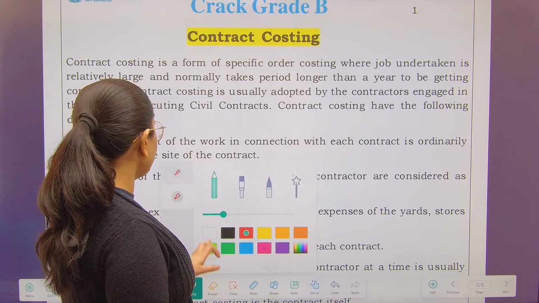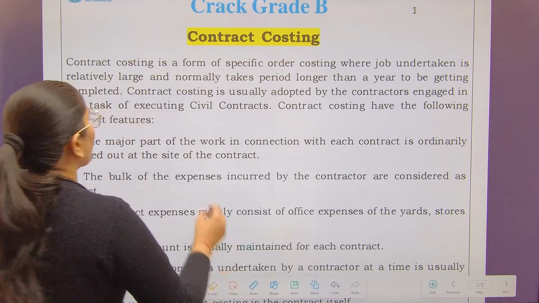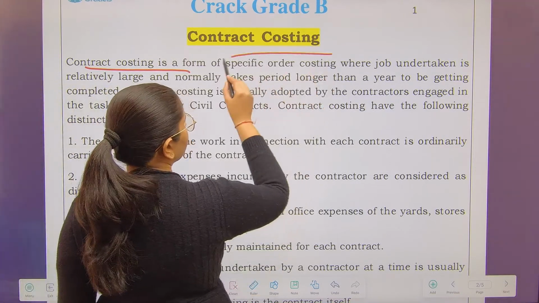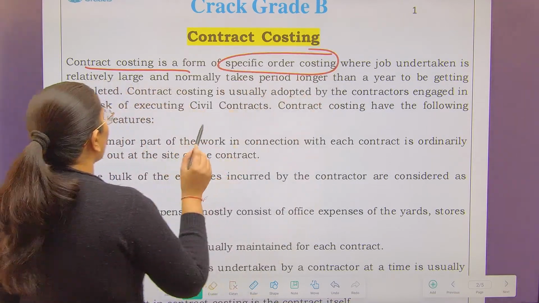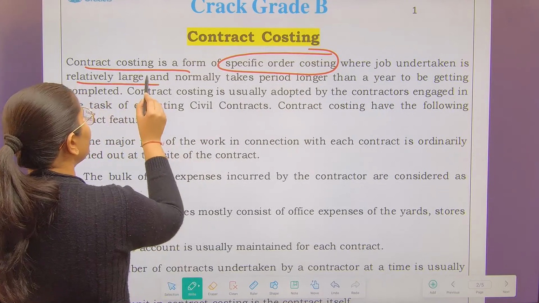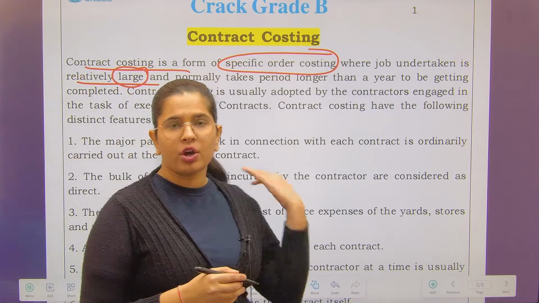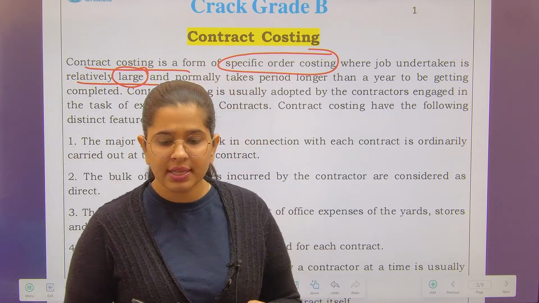So let's understand. Contract costing is a form of specific order costing where the job undertaken is relatively large. So the difference between job costing and contract costing is in its size.